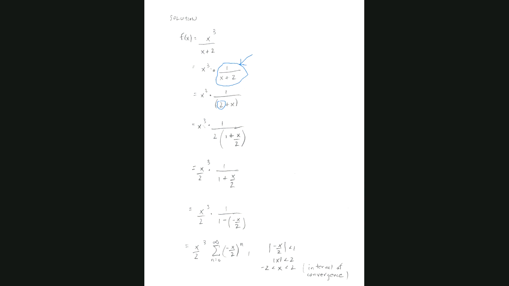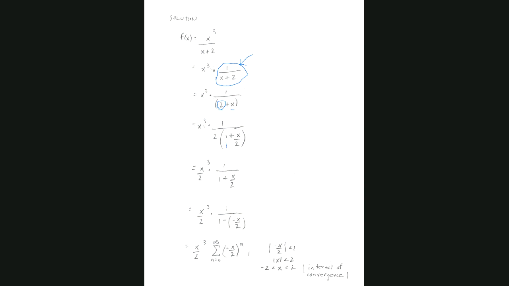Well, what I'll do then is factor a 2 out from both the 2 and the x. We don't normally do that, but we're going to do it here. 2 times 1 plus x over 2, if we distribute the 2, equals 2 plus x. So now I got the 1 where I want it to be.